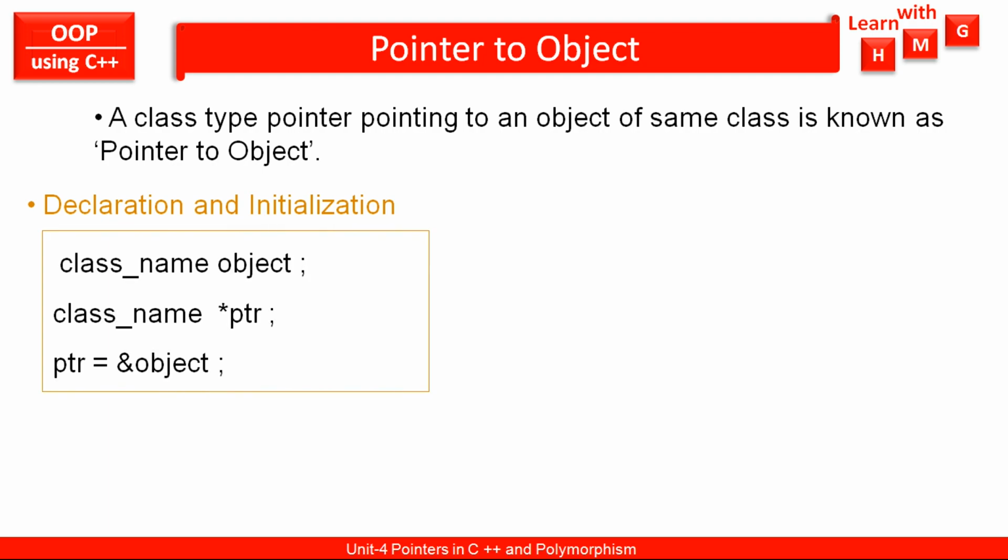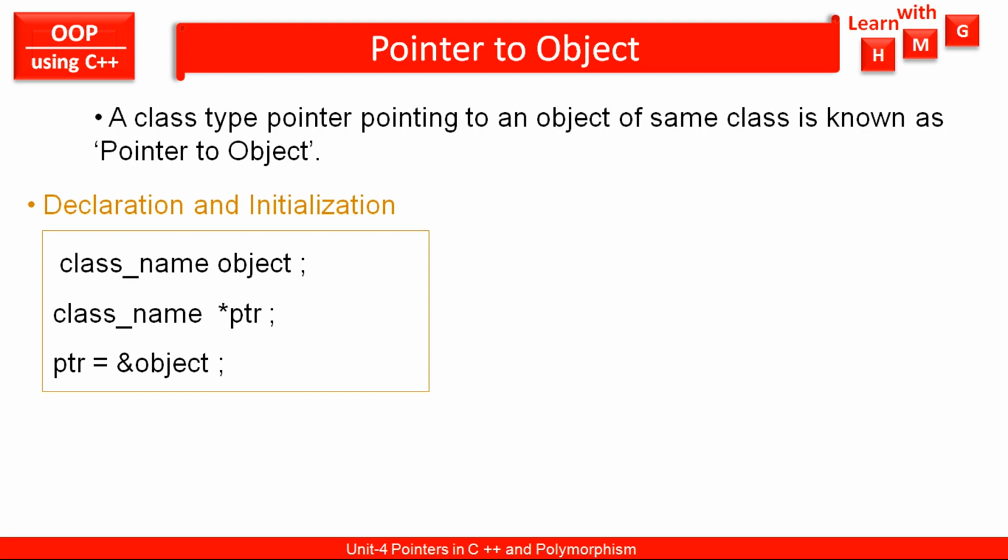So this is a syntax in which there are three basic steps involved. As usual, whenever you are using a pointer pointing to any entity, these three steps are essential. Here the first step is you have to first of all create an object of the class type using class name and object. Then you have to create the pointer object, that is *ptr is a pointer and the class name.